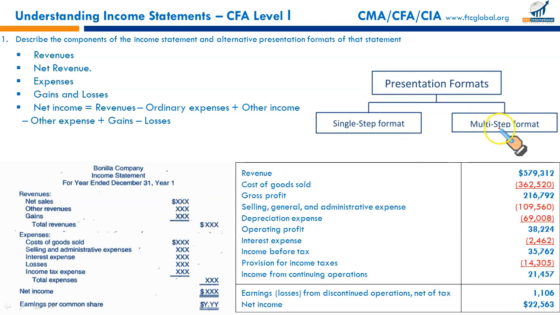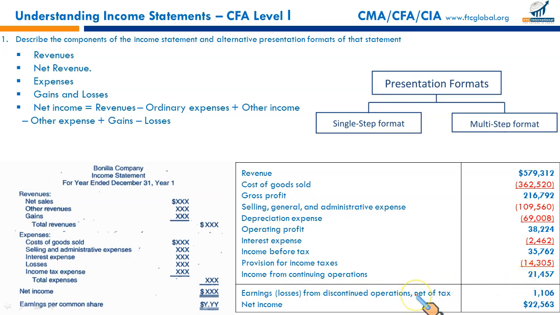So we have a multi-step format in which we calculate profits at different levels. We calculate our trading profit by deducting CGS from revenue. This gives us gross profit. Then we deduct selling and general administrative expenses and other expenses to calculate our operating profit. This is the profit where we gauge the performance of a particular divisional manager. Interest expense, income before taxes, certain provisions, and it gives us income from continuing operations.